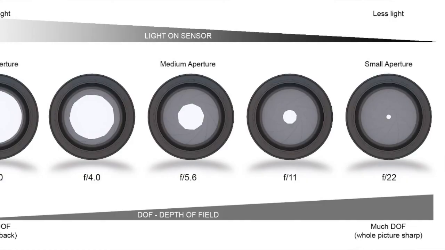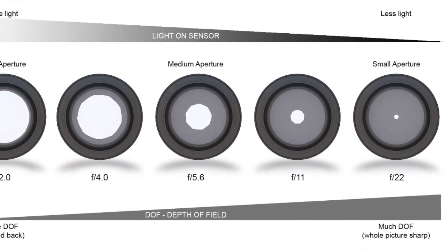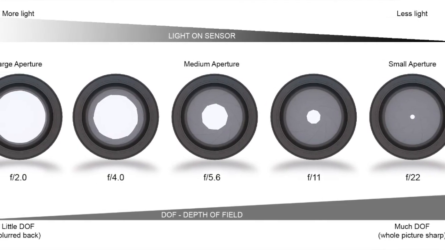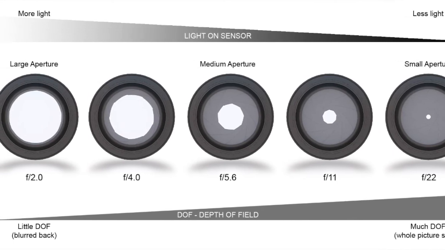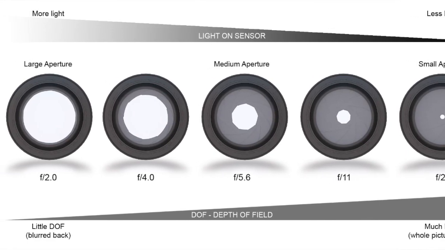That's done by what we call f-stops. So the lower the number, the bigger the aperture, the more light is let into the lens, going to the back of the camera onto the sensor. So that's what the aperture is.